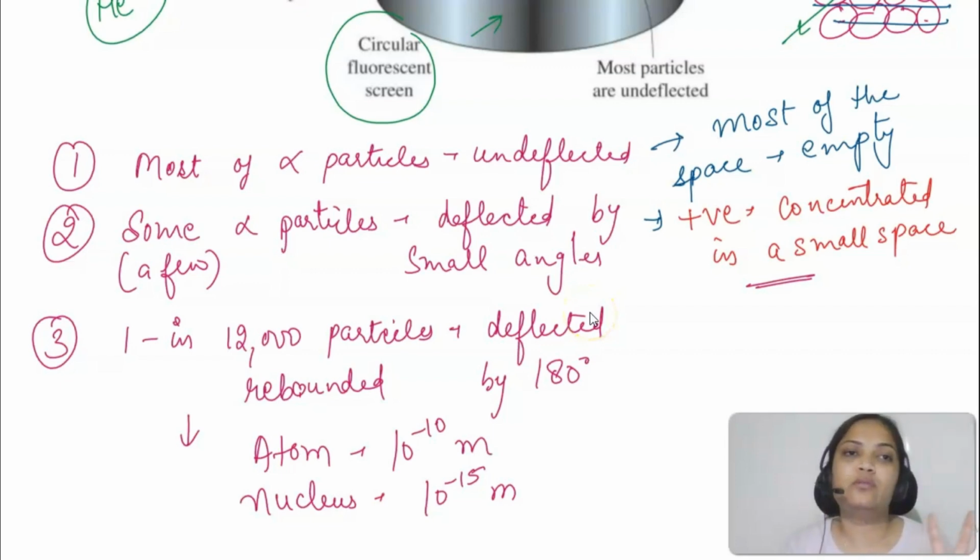It's not spread throughout, like Thomson said. So the Thomson model was proven to be wrong. Only one point holds: the atom is electrically neutral.